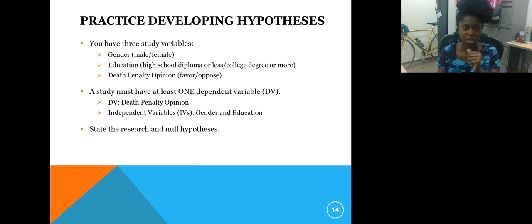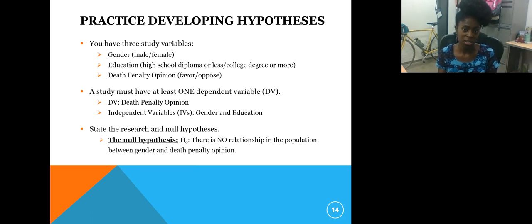So we state our research hypotheses and our null hypotheses. For our null hypothesis, we would say there is no relationship in the population between gender and the death penalty. Another null hypothesis: since we have another independent variable, there is no relationship in the population between education and the death penalty.